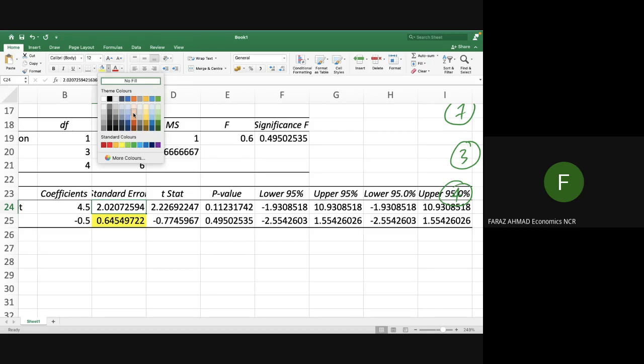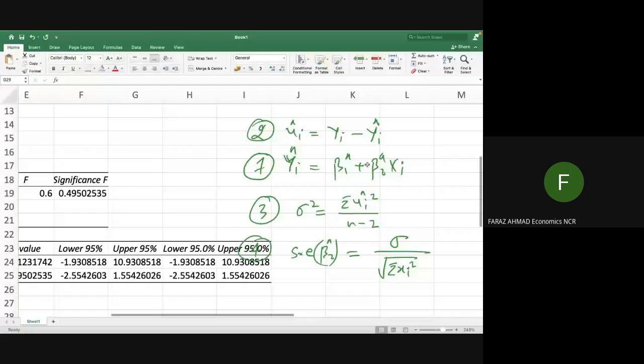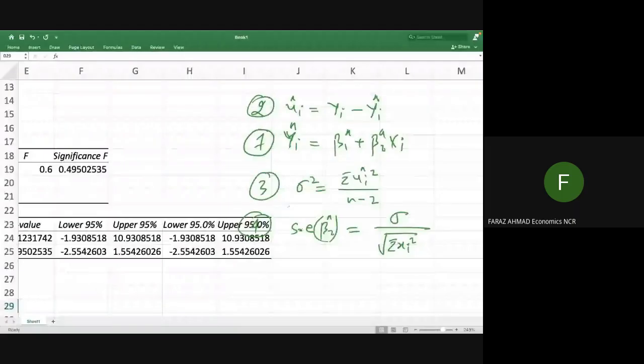Now this one is a homework for you. You have to calculate standard error beta 1 hat, which is 2.0207 for this data, using formulas. How would you do that? You will go through the whole process as I went, but in the end, instead of the formula for standard error beta 2 hat, you will use the formula of standard error beta 1 hat, which involves the same variables.